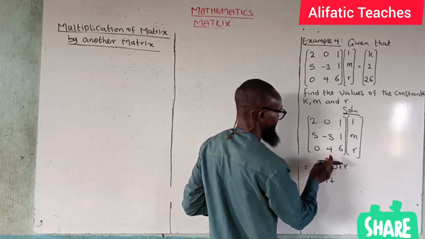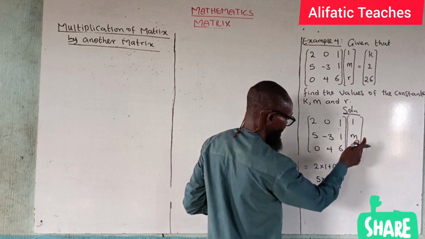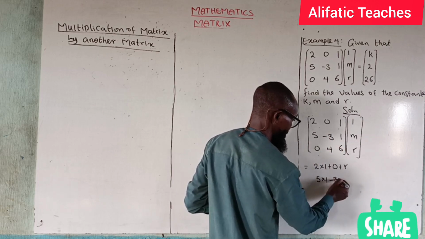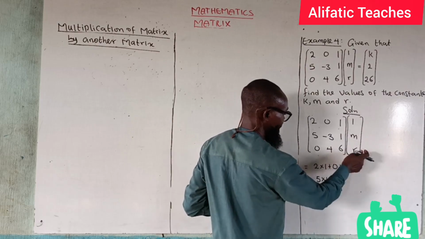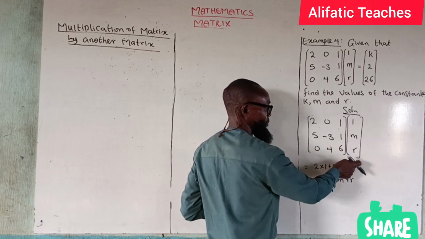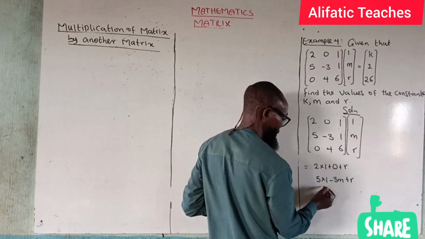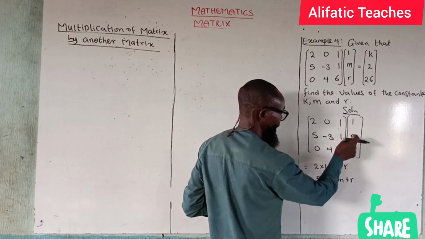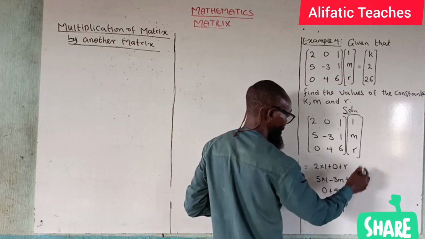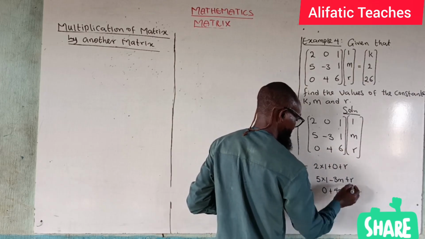Then minus 3 times m. We have minus 3m. 1 times r plus r. Then third row and first column. 0 times 1, 0. 4 times m plus 4m. 6 times r plus 6r.